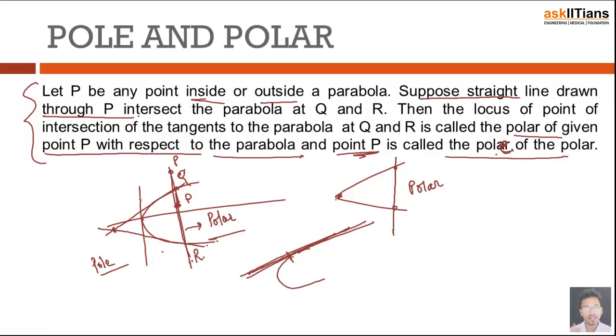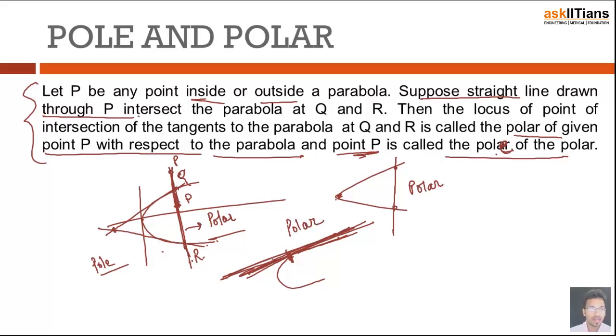Remember that the polar is a line with respect to the point, and pole is the point of intersection of tangents. So if this is the pole, clearly tangents are intersecting on this point only, so that becomes the polar.